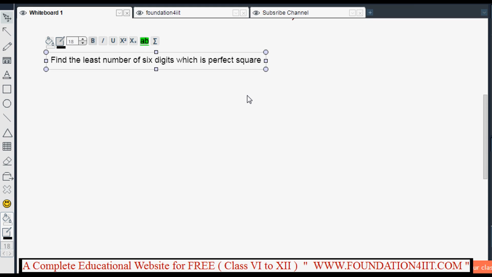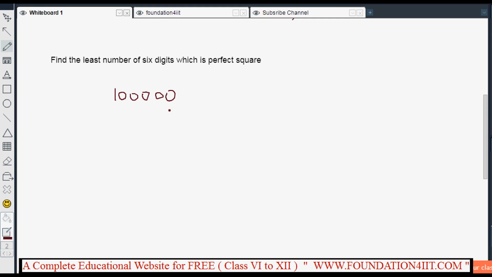Find the least number of 6 digits. So the least number of 6 digits is nothing but 1 followed by 5 zeros. This is the least number of 6 digits.